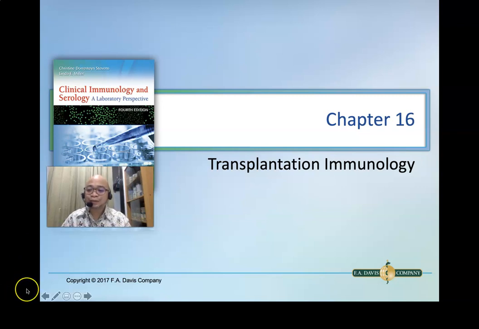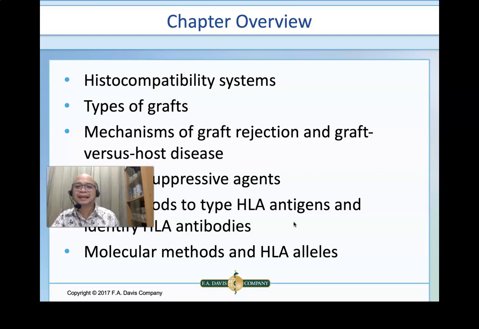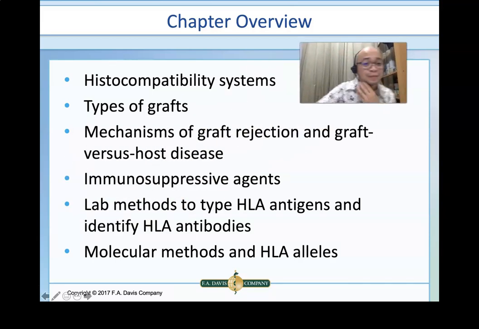And for today's session, we will be talking about transplantation immunology. For this particular topic, we will be reviewing the histocompatibility system, because this has been part of our discussion during the introduction to immunology. What are the different types of grafts?